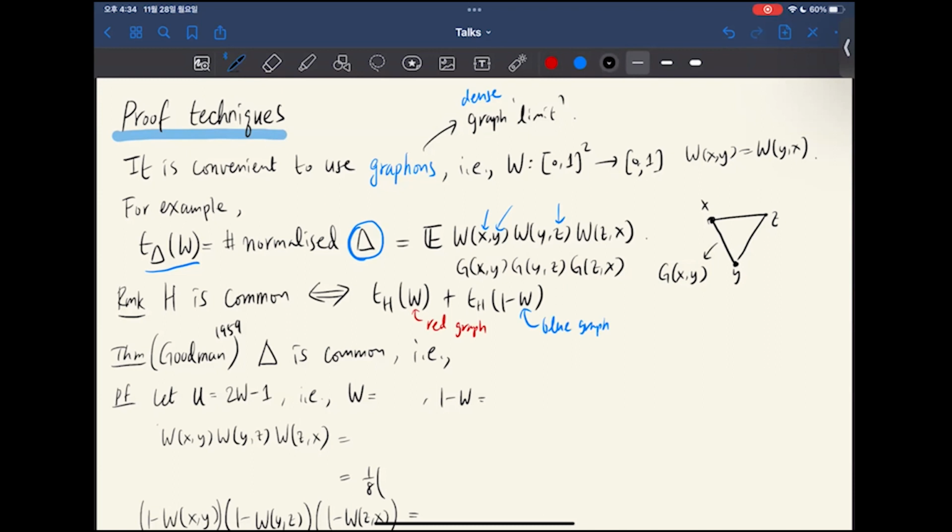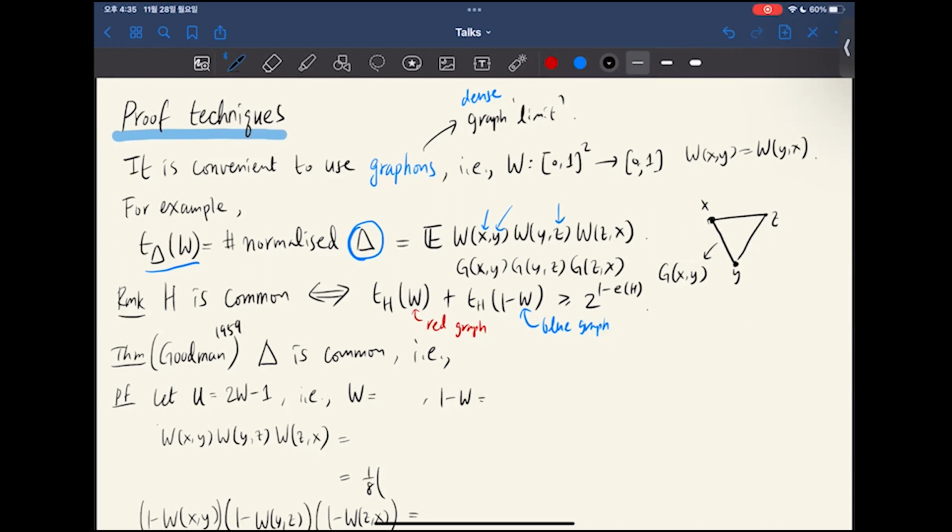Then commonality is equivalent to saying that my normalized H count in red plus my normalized H count in blue is at least 2 to the 1 minus the number of edges in H. So this simple inequality is actually equivalent to H being common.